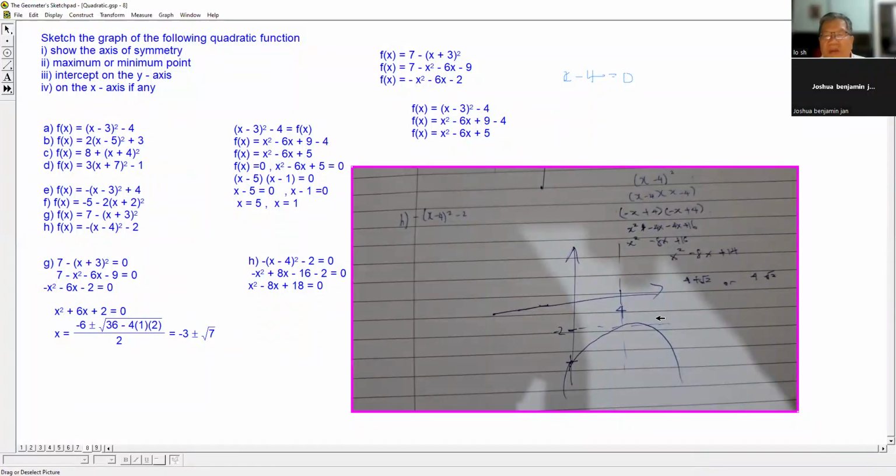This point also correct. Minimum point is 4, maximum point is 4, negative 2. No cutting of the x-axis, but cutting of the y-axis is negative 18. Negative 18. Okay, this point here is negative 18.